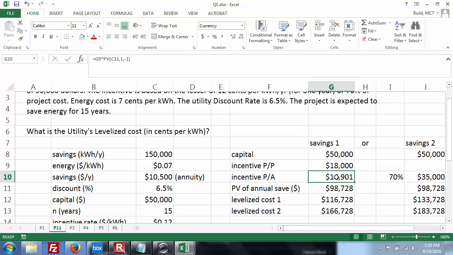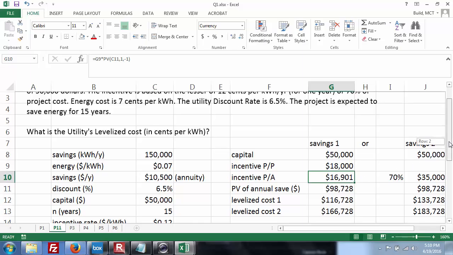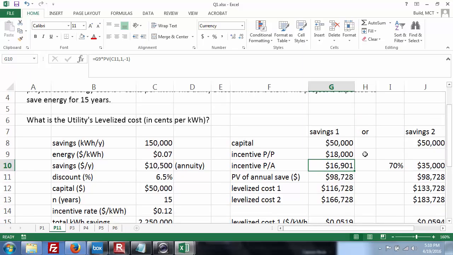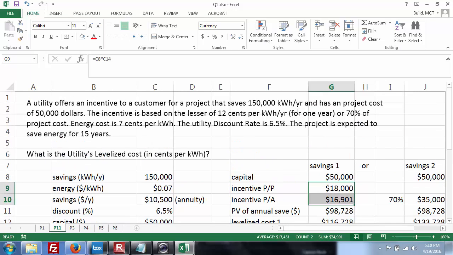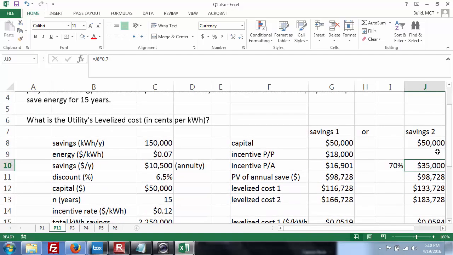But if you say you're not going to get the money back until the end, and you're running at a discount of 6.5, it's going to be a little less money now. So those are the two costs to the utility, or it's going to be one or the other. The other option, 70% of the project cost, means that the utility is going to just pay you back 35 grand and you only spent 15. Fine.